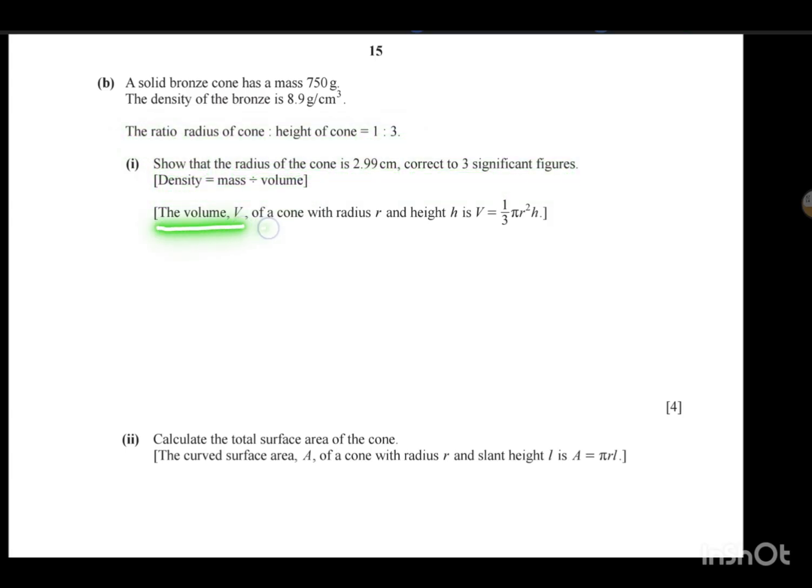The volume V of a cone with radius r and height h is V is equal to 1 by 3 pi r square h. So take the formula first. Density is equal to mass by volume. For this, volume will be mass by density.